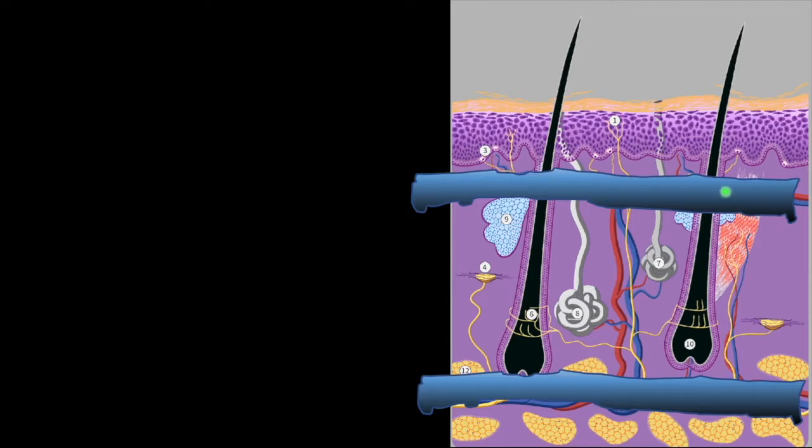So this is very important, the superficial plexus of the skin, and we have the deep plexus of the skin, and we have a pipe that connects the superficial and the deep, and sometimes you see them wrapping around the hair follicle or the sweat gland, the adnexal structure.